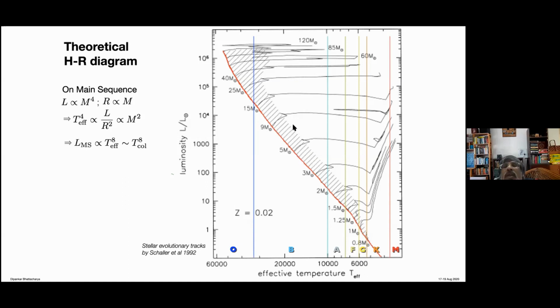So the main sequence will be a little wide here. And that's the width that you see when you go back and look at all the stars in the main sequence. It is not just a single thin strip of line, but a line of certain width, and that is given by the evolution within the main sequence of the star. But overall, that strip then represents all the hydrogen burning stars that are there in the universe.